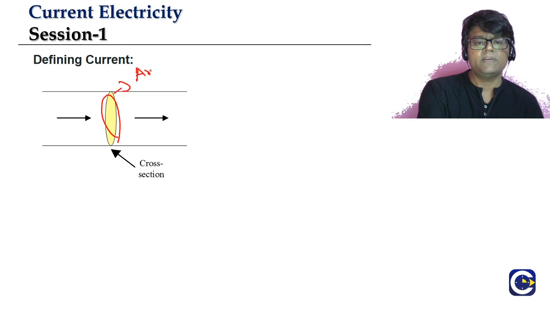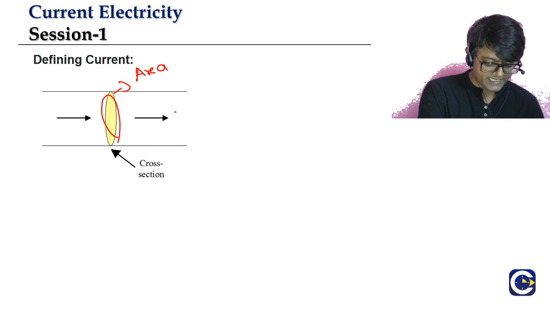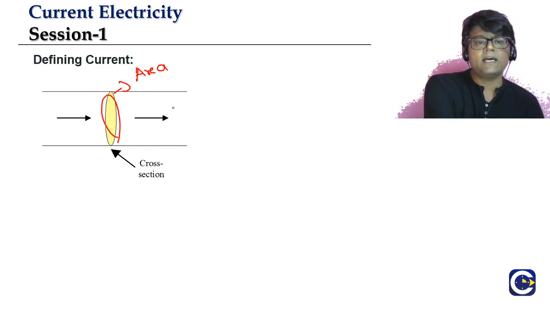So we are marking one area and looking at how much charge is flowing through this area. If you look at the definition of current, which we are already aware of, we studied the definition of electric current in 10th standard also. It is not something new, but over here we are going to learn a little more detail about the idea of this electric current.